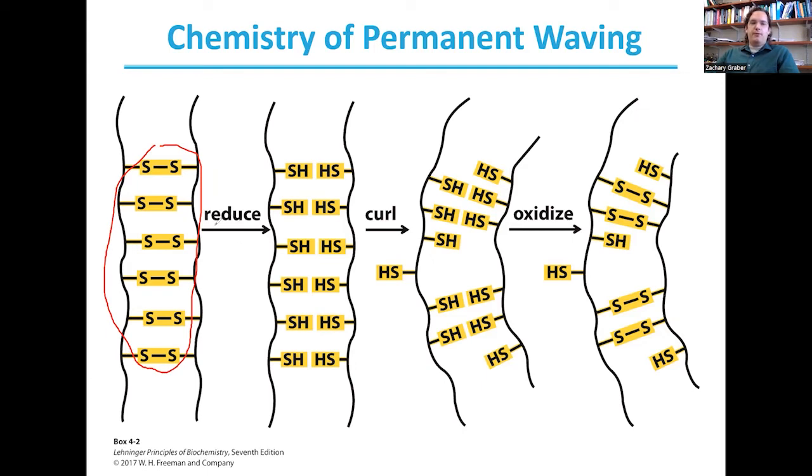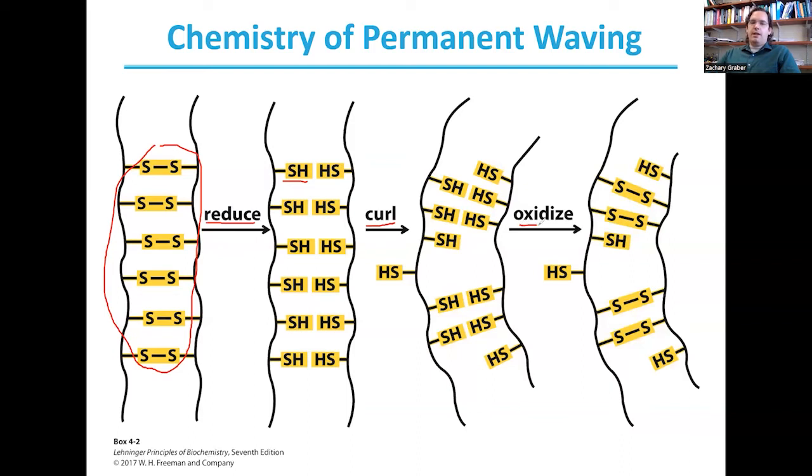So whenever we break disulfide bonds, we first reduce them to form our original thiols. So here we have our cysteines in their thiol forms, not linked together. We can then physically change the shape of our fibers here. So if you curl the hair up here, you're changing that shape. And you can do that, of course, because it doesn't have the disulfide bonds anymore.